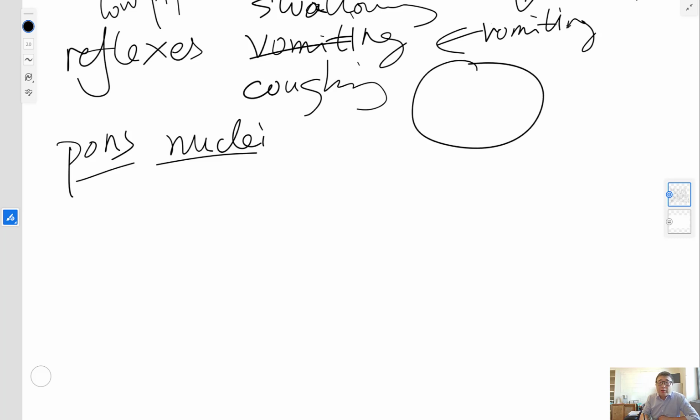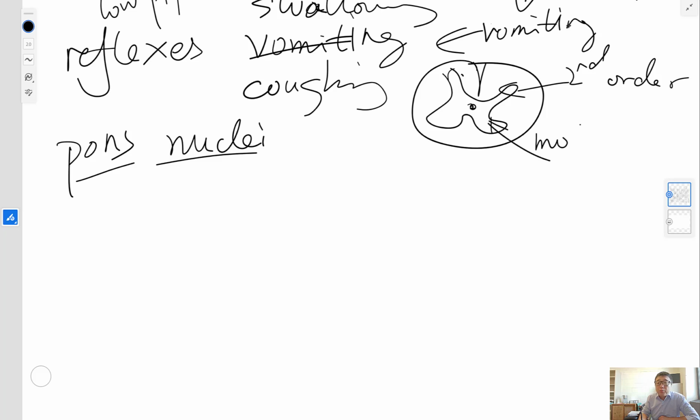Let's draw this one again. This is the gray matter of the spinal cord. Here you have a lot of the second order sensory nuclei, and here you have a lot of the second order motor neurons. These second order sensory neurons and motor neurons also exist a lot in the pons, and those are related to cranial nerves.